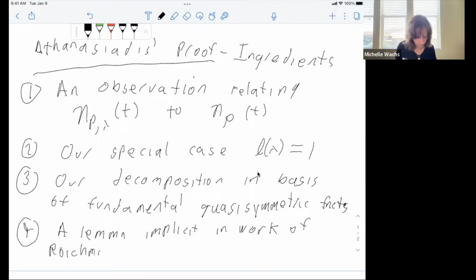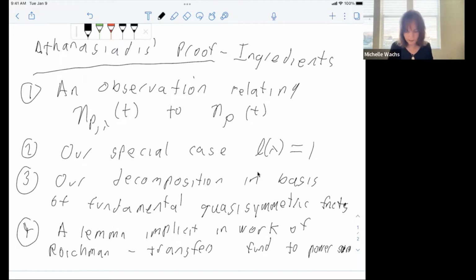And this transfers decomposition in the fundamentals to decomposition in the power sum. So that's what this lemma does. So I'll talk about the ingredients.